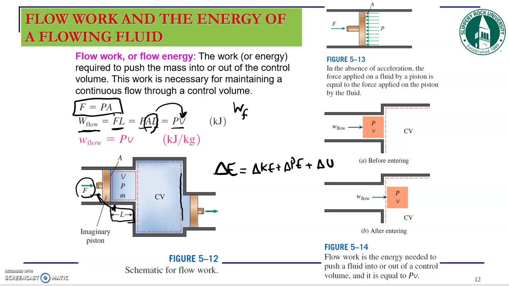So the flow work that we are talking about here is equal to pressure multiplied by volume, right? Sorry, this is not area, this is volume here. Now this is in kilojoule.